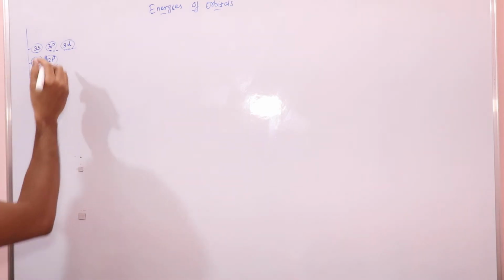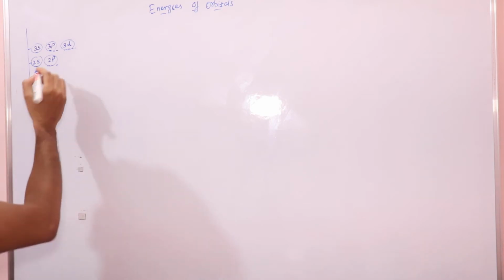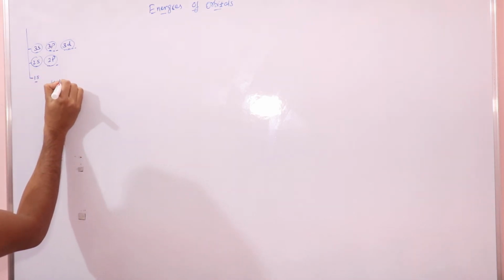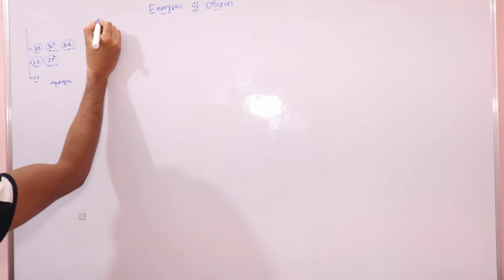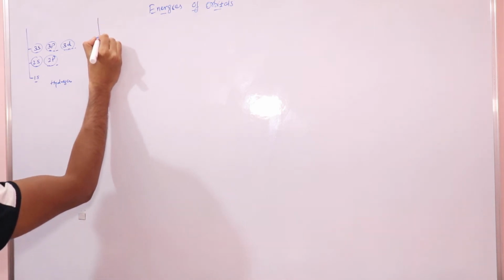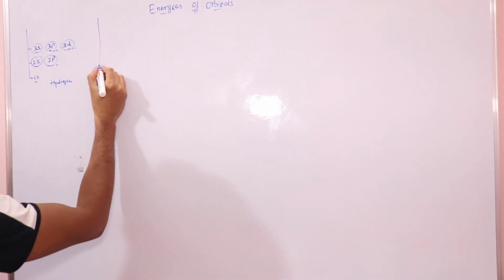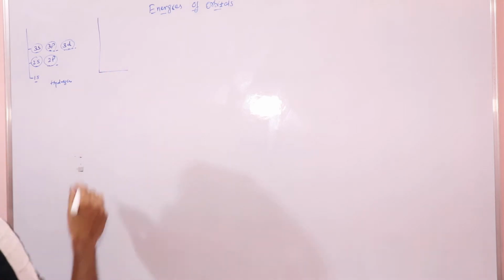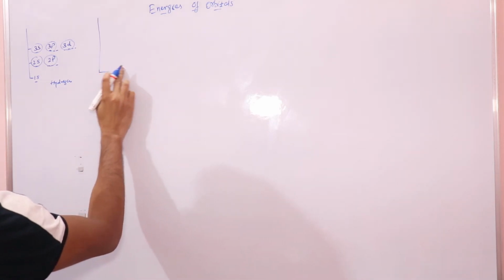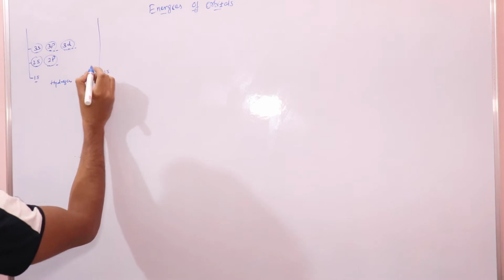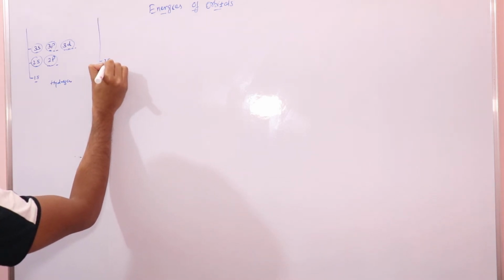This is for a single electron atom like hydrogen. Now, if I draw the energy level diagram for a multi-electron atom, the energies will look like this. This is 1s, this is your 2s.